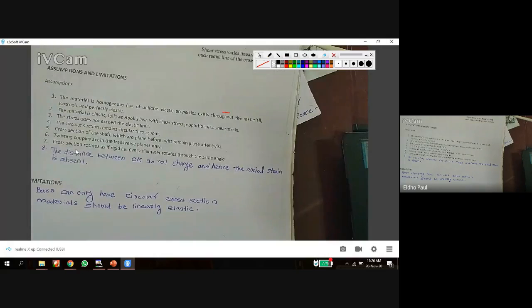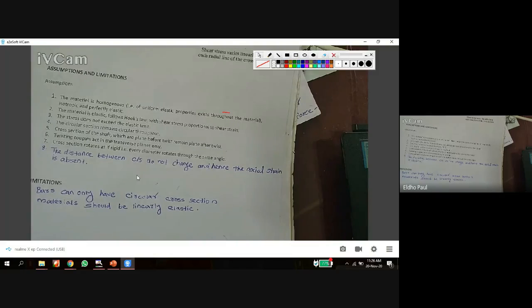Next assumption: the cross section rotates as if rigid. Every diameter rotates through the same angle. There is no change in the diameter of the circle after rotation. The cross section remains a circle with the same diameter. And the distance between the cross sections does not change, hence the axial strain is absent.